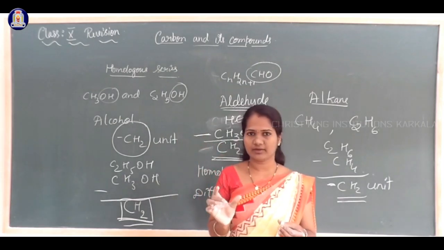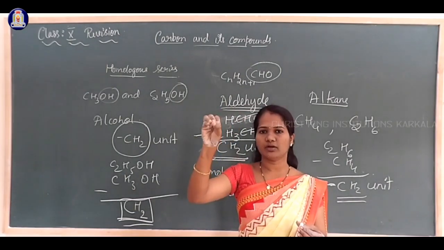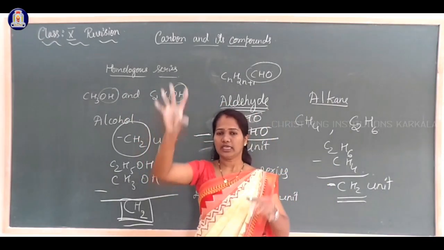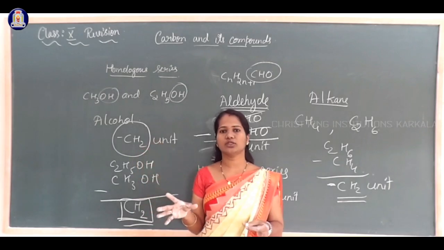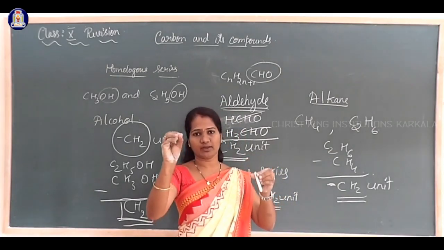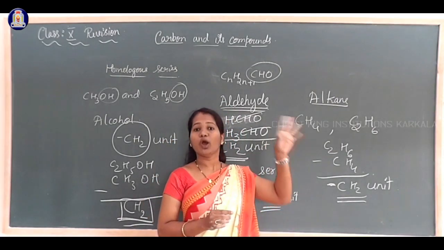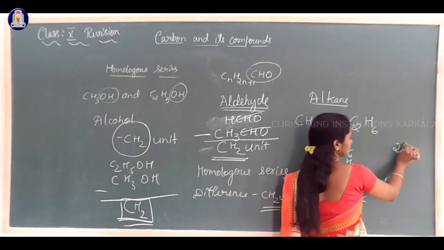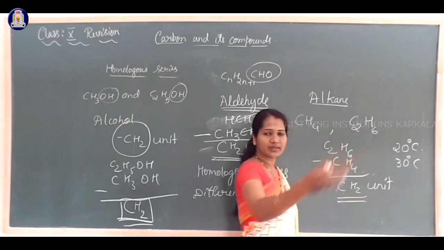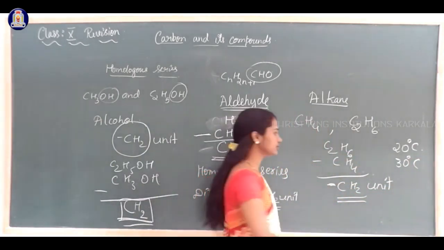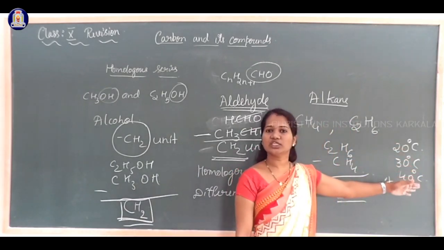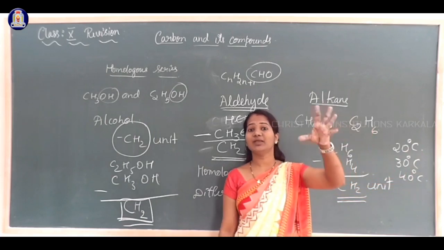The meaning of this sentence: suppose the first member of any family, it may be alkane, alkene, alcohol, aldehyde, any family you take, has a boiling point of 20 degrees Celsius, the next one 30, and as the carbon and hydrogen atoms increase, the next goes to 40 degrees Celsius. So there is regular gradation in the physical properties.